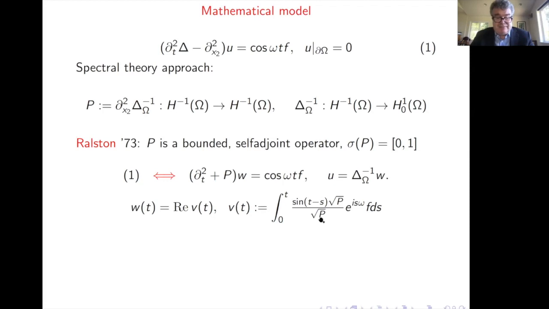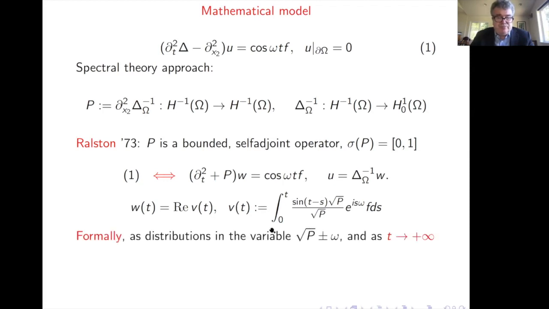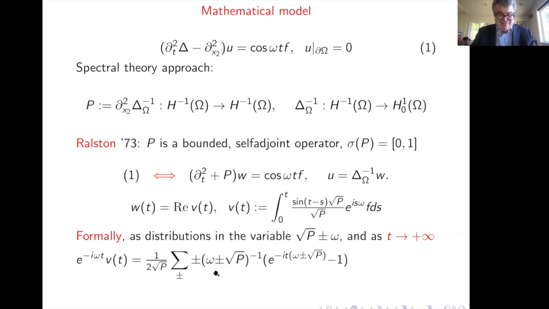And then you can consider the following thing. You can look at the limit of this t form as t goes to infinity formally. You do this integral. I mean, this integral is again computable by methods of calculus. And then as time goes to infinity, first you actually do the integral.